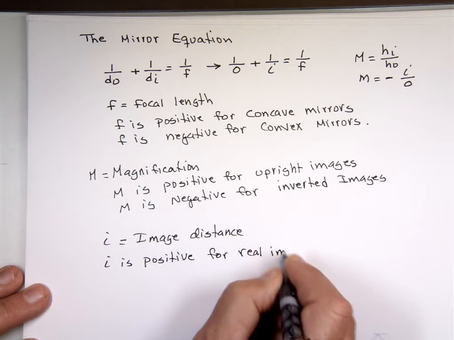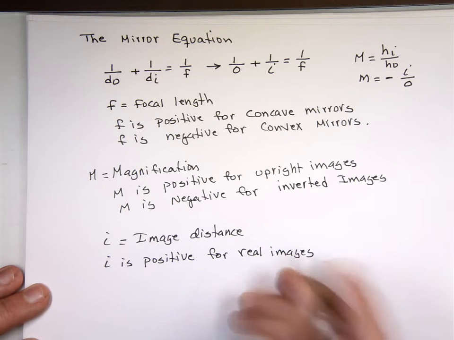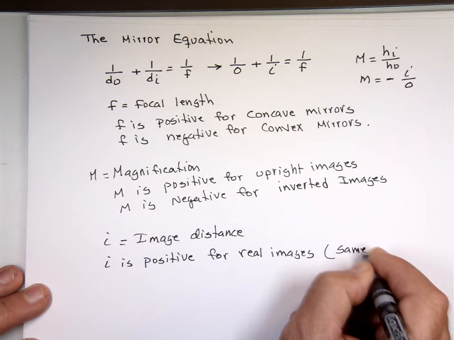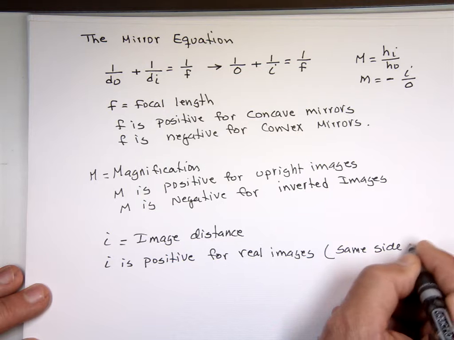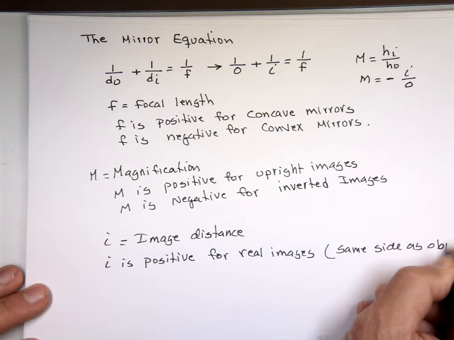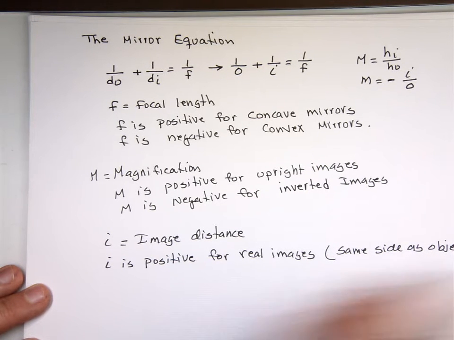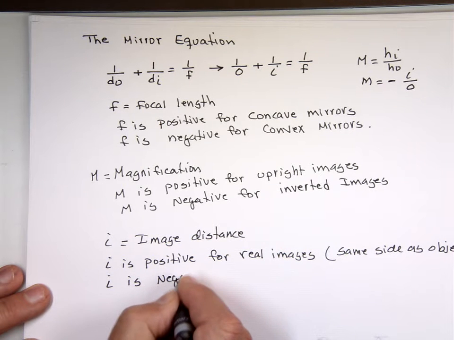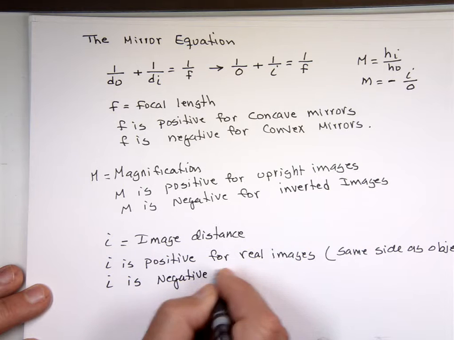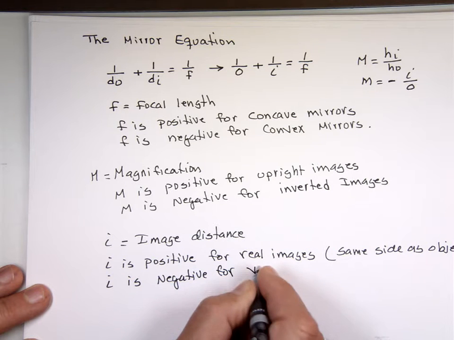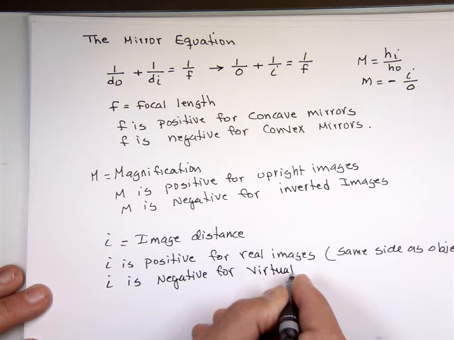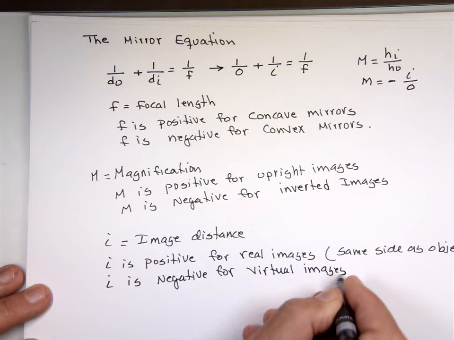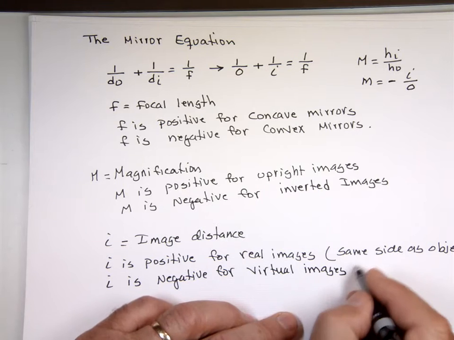That means on the same side as the object. I is negative for virtual images. Virtual images means other side of the object.